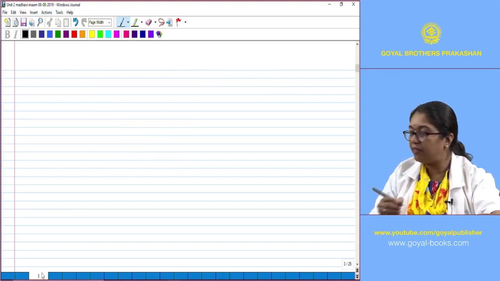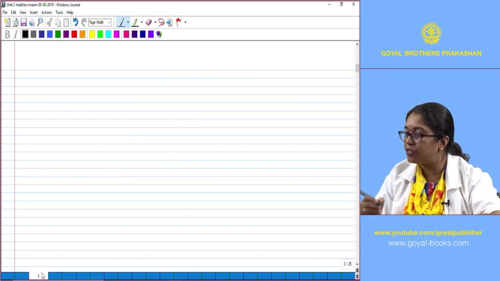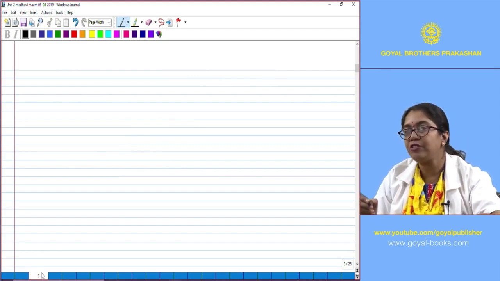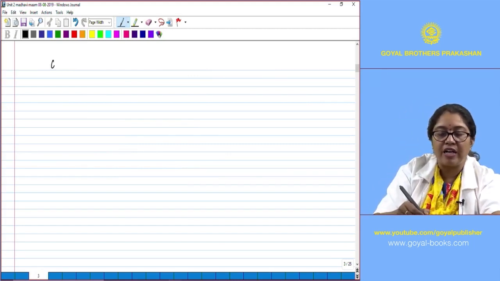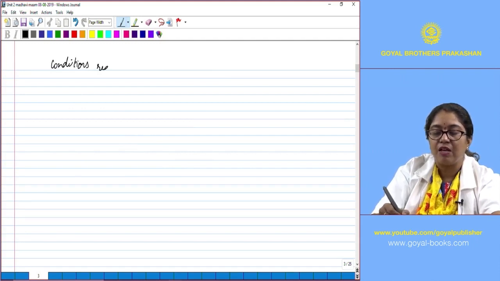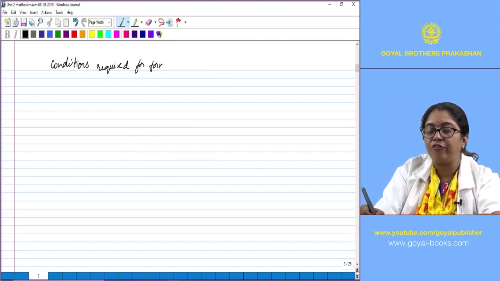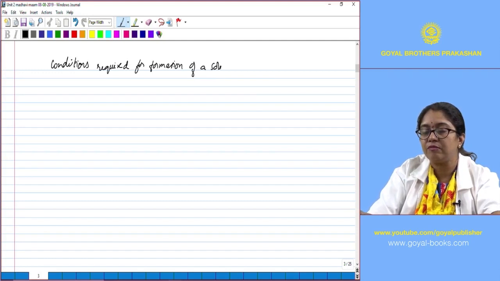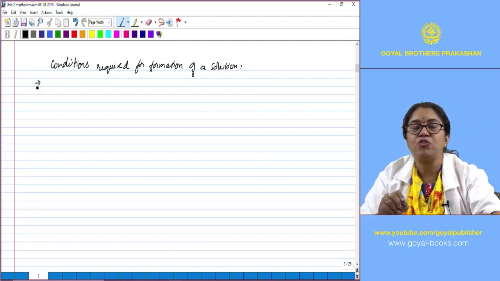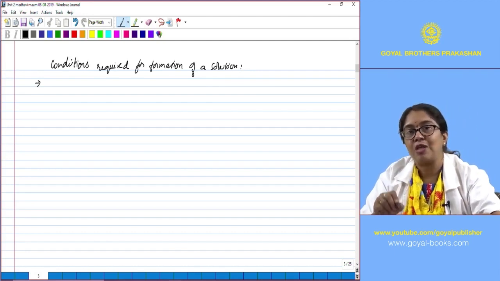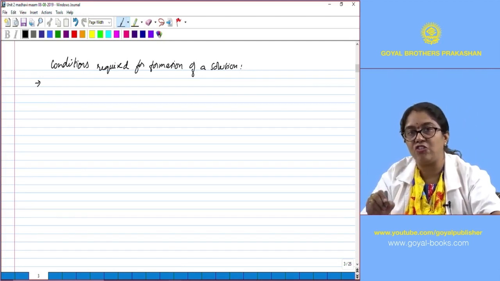What are the factors which are going to determine the formation of a solution? So what are the conditions required for formation of a solution? The first one would be, children, the two substances should be soluble in each other.